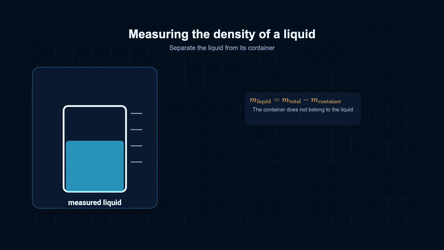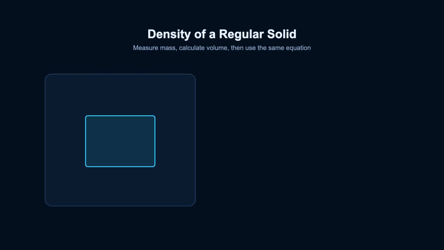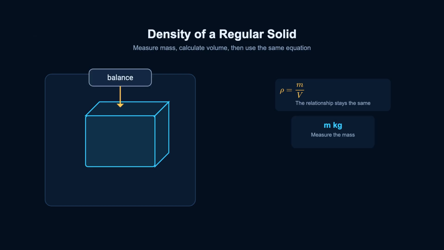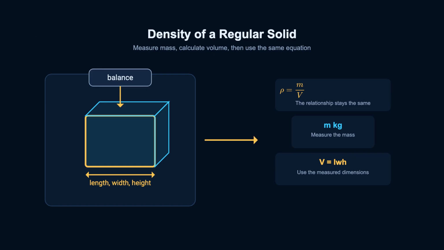The container is part of the practical method, but its mass must not be treated as though it belongs to the liquid. A regularly shaped solid follows the same equation, but its volume is obtained from its regular shape. Measure the solid's mass, calculate its volume from the measured dimensions, and then divide mass by volume.